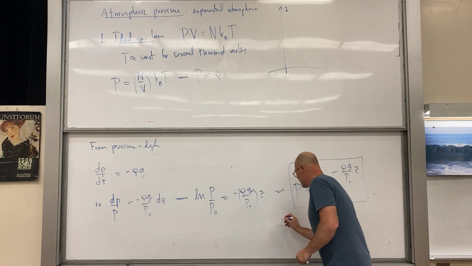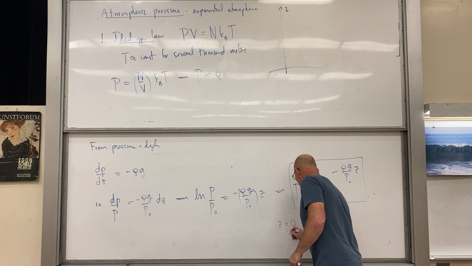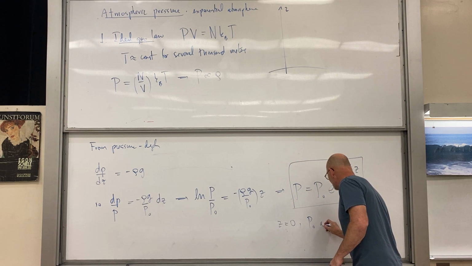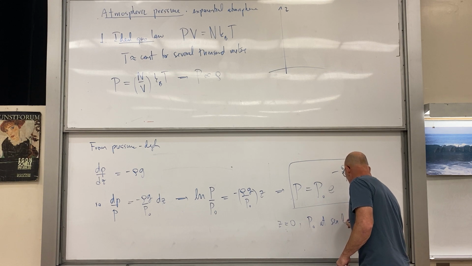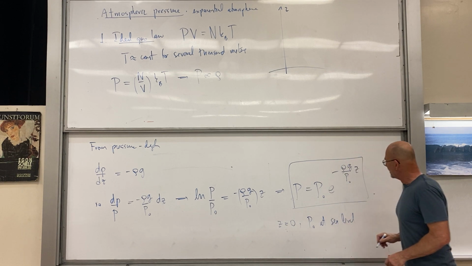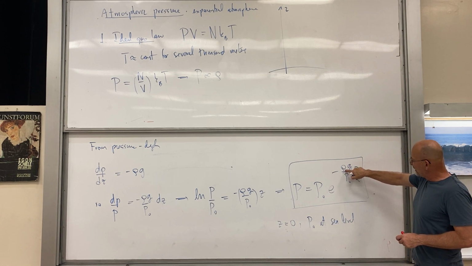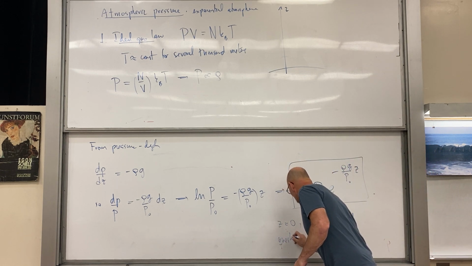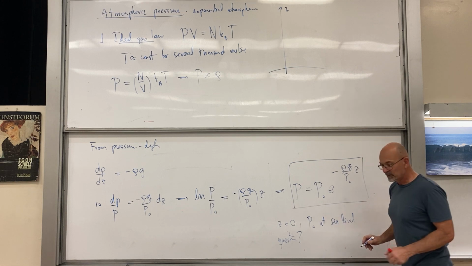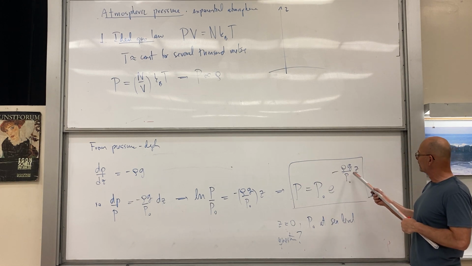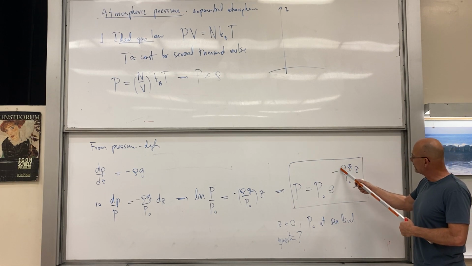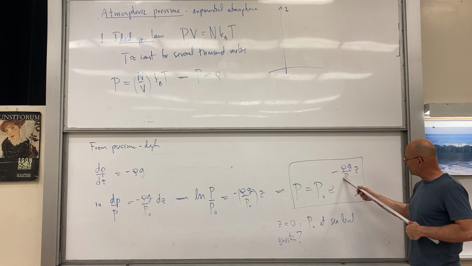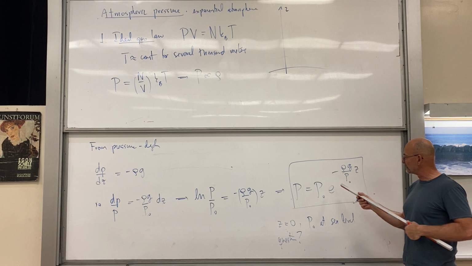So z equals 0, P0 at sea level. And then it would be a question you guys might want to look up. So leave a couple spaces in your notes. What we want to know is density of air times g divided by P0 at sea level.